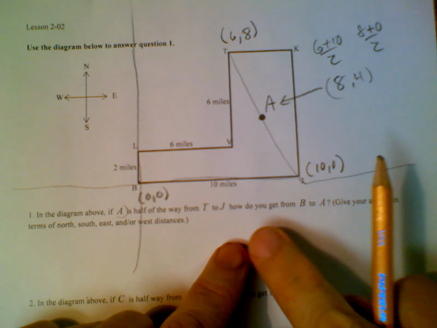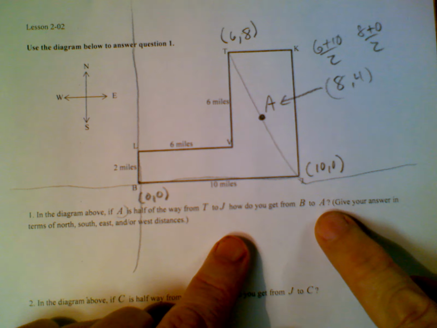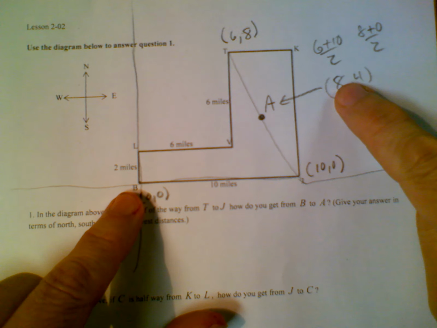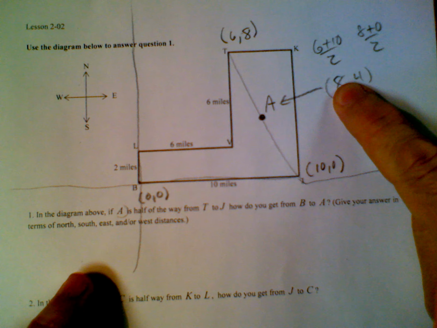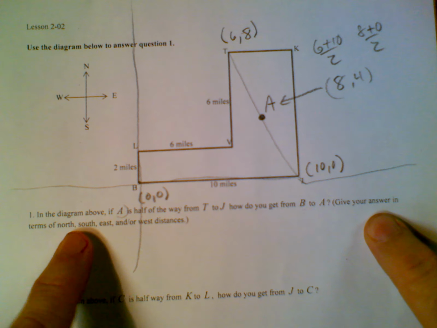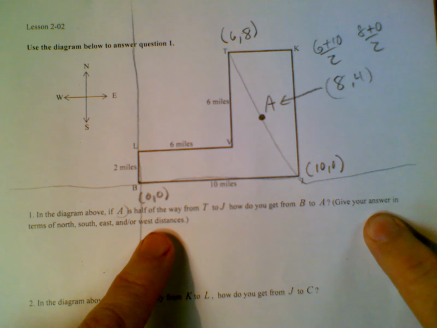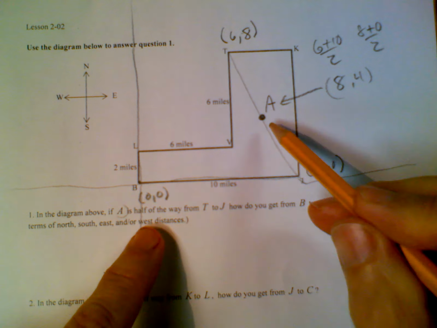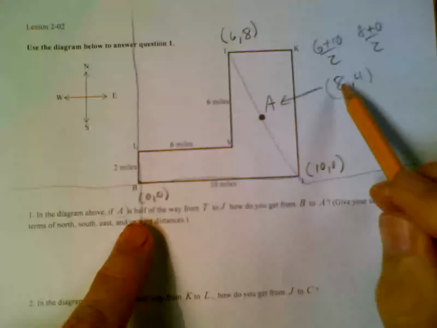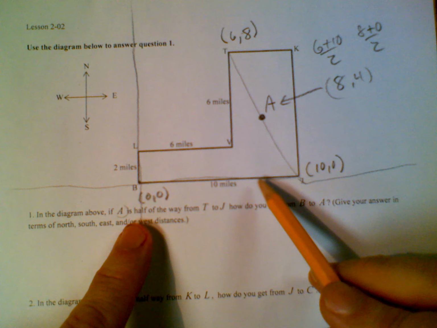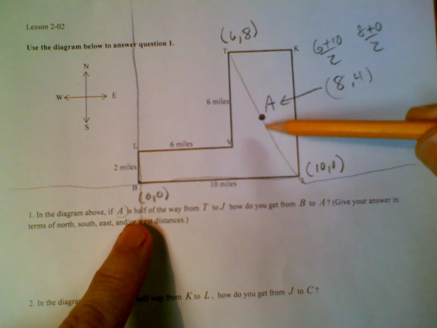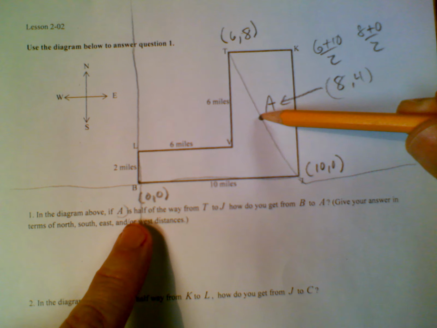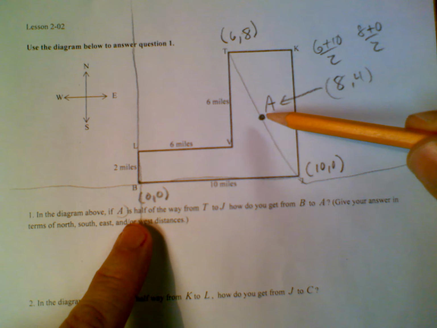Now the question is, how do you get from B to A? Well, B is at 0, 0. A is at 8, 4. Okay. When it says give your answer in terms of north, south, east, and or west distances, I would say from B to A, you've got to go, let's see, 8 miles to the east and another 4 miles north, or 4 miles north and then 8 miles east.